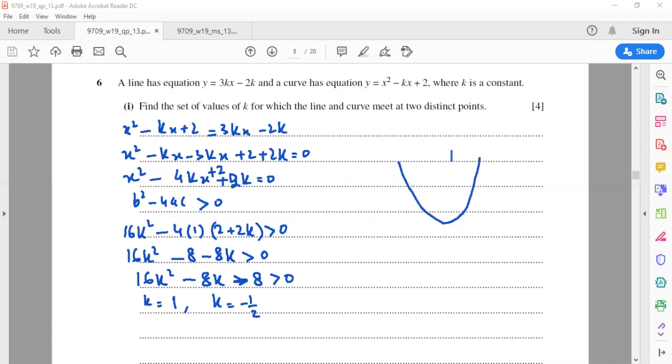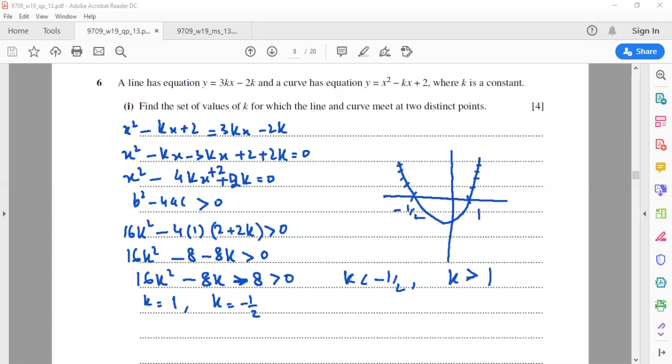If we draw the line over here, this is minus 1 over 2 and this is plus 1. So the points which are greater than 0 are here. So k is less than minus 1 over 2 and k is greater than 1. So this is the solution of this.